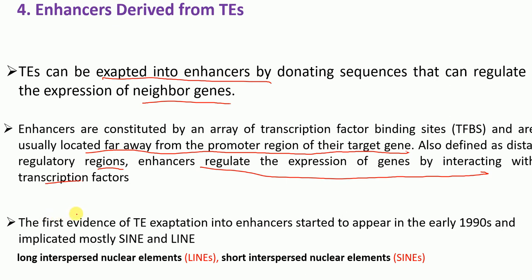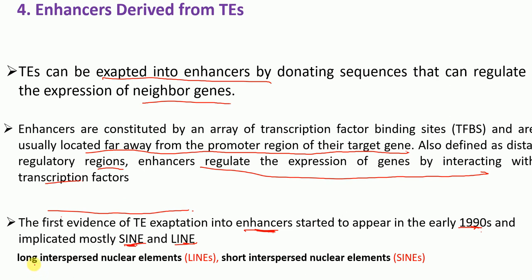So how do enhancers derive from transposable elements? The first evidence of transposable element exaptation into enhancers started to appear in the early 1990s, and implicated mostly SINEs and LINEs. So what are these? These are transposable elements.